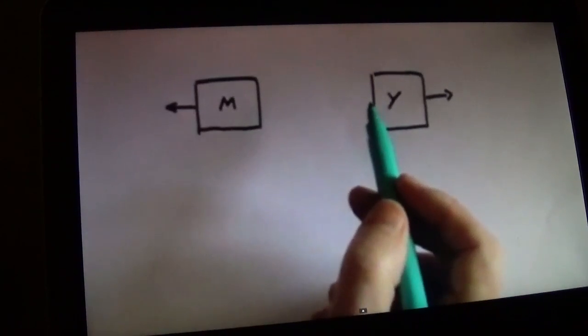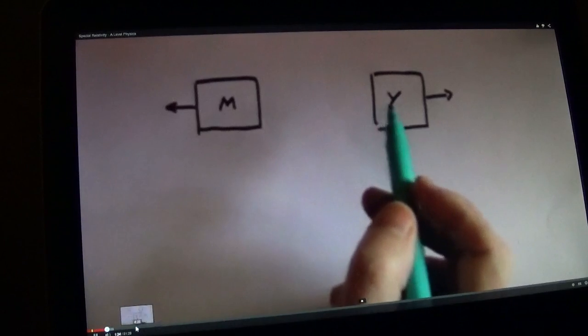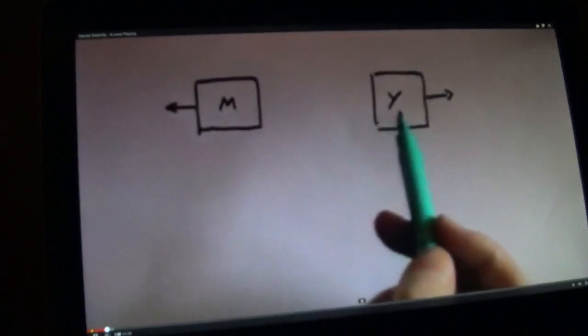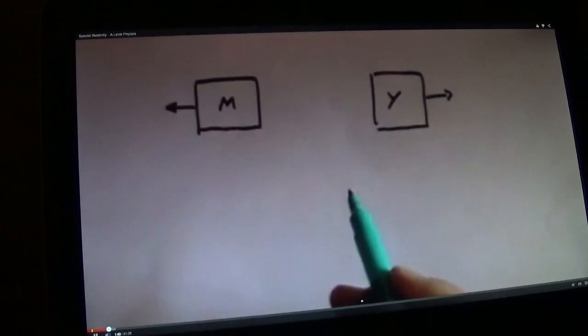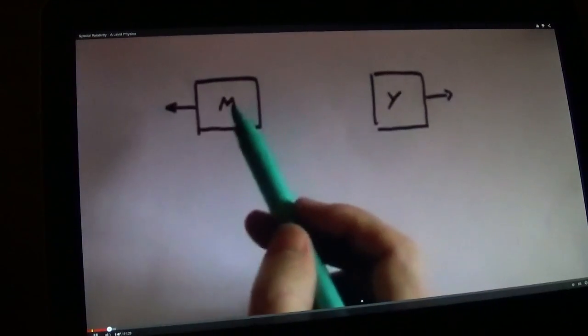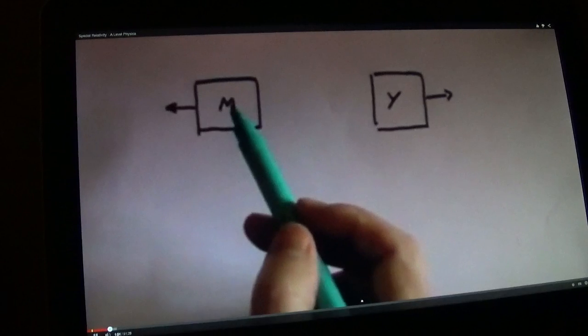But here's the thing. There is nothing you can do, no experiment that you can perform, that can establish whether one of us is stationary and the other is moving away, or maybe that both of us are moving away. All the laws of physics will behave in exactly the same way if we are stationary or if we are moving at constant speed.